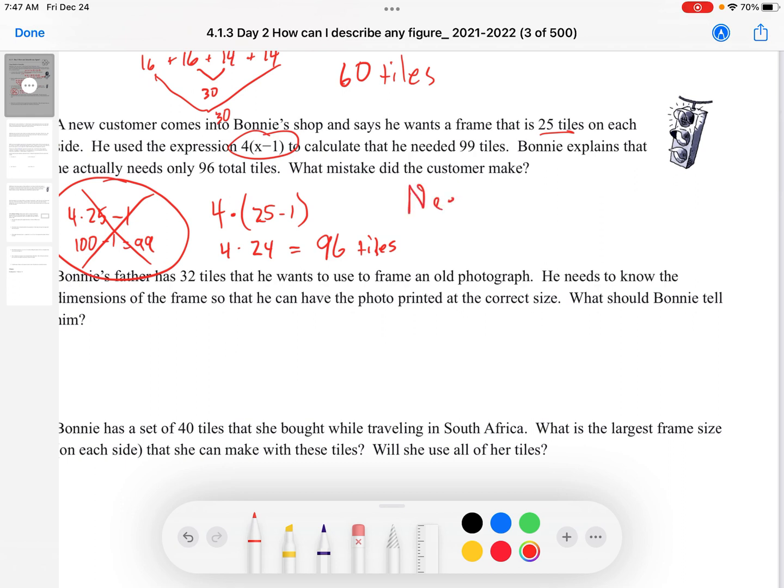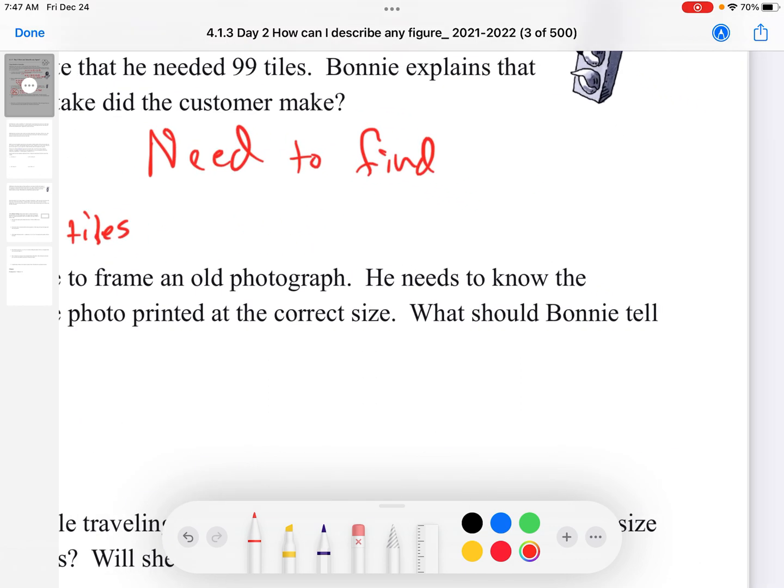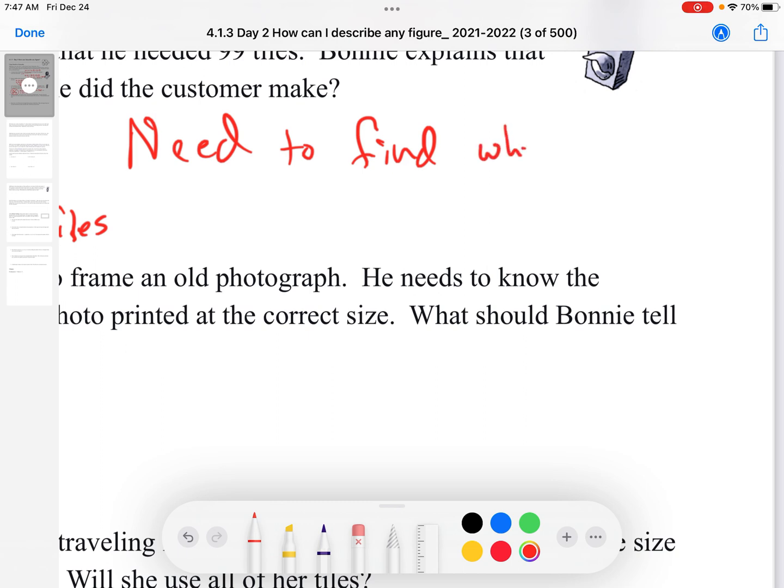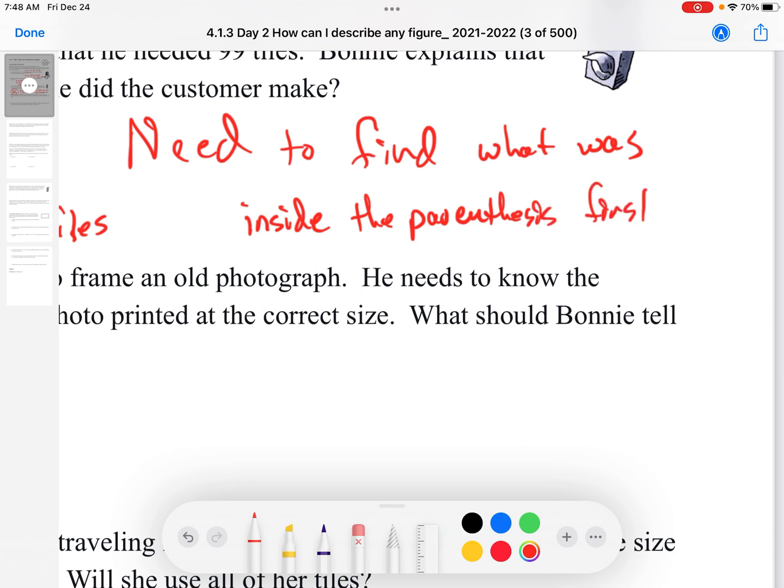Need to find what was inside the parentheses first, right? Define what's inside of there first, then he could do that.